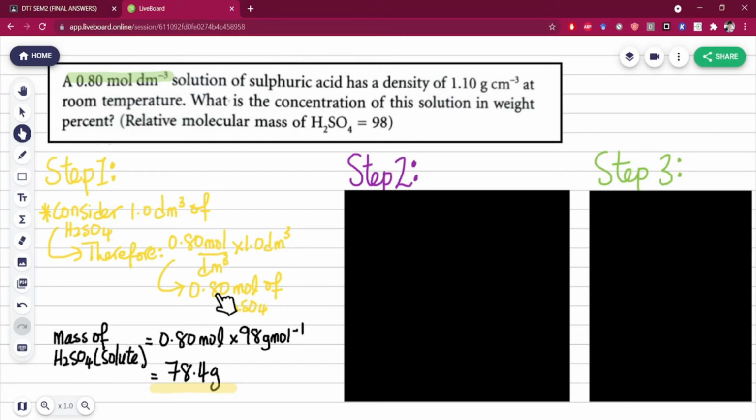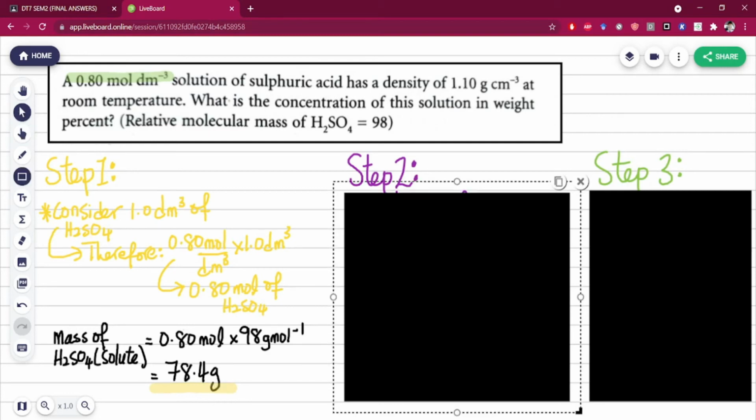We have got the number of mole already, and we can use the relative molecular mass of H2SO4. It will have the same number as the molar mass, just that for molar mass you're going to have units, gram per mole. We take 0.80 mole times 98 gram per mole, and we will have the mass of solute, 78.4 grams right here.